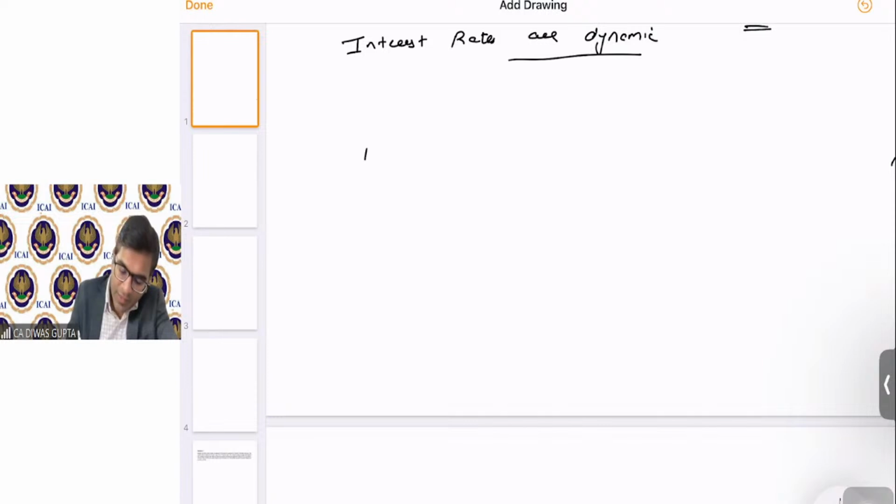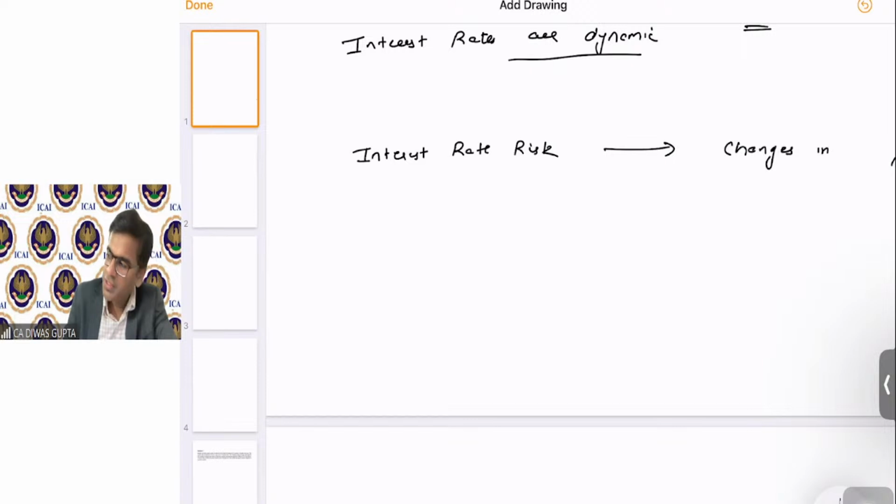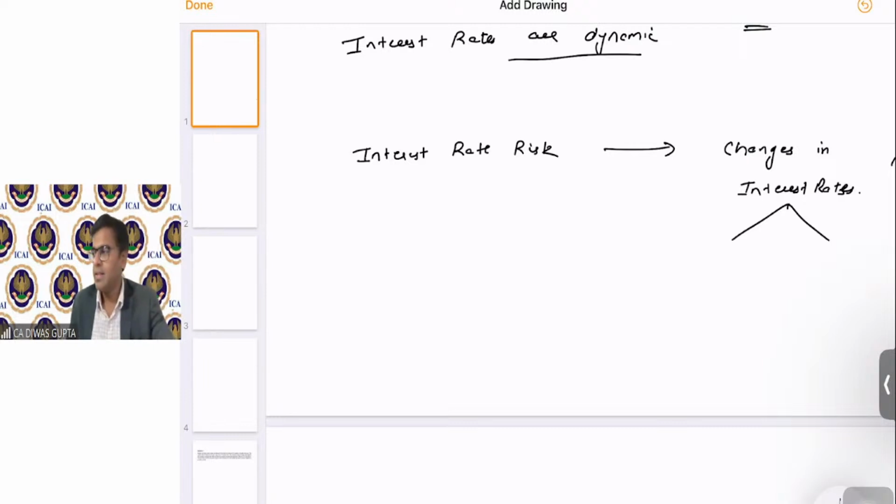So what is the interest rate risk? First of all, students, interest rate risk is actually the changes in interest rates. What are they? One is inflation and second is risk.